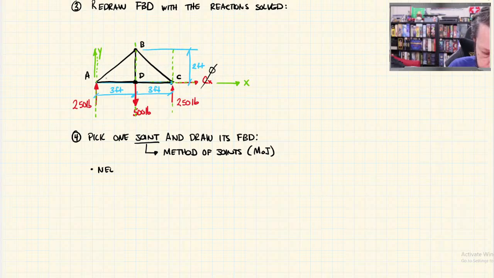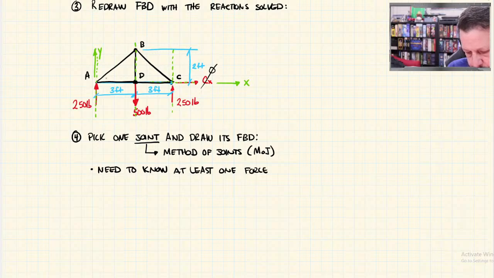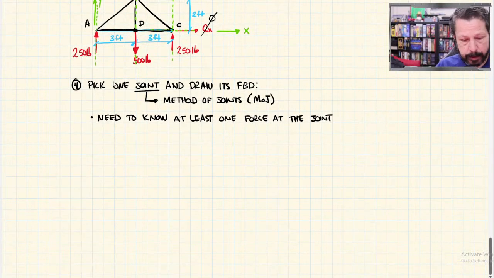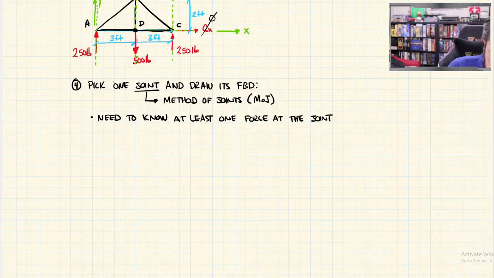You need to know at least one piece of information at the joint you're dealing with. So let's just pick A. So I'm going to draw joint A. So not the members, just joint A.